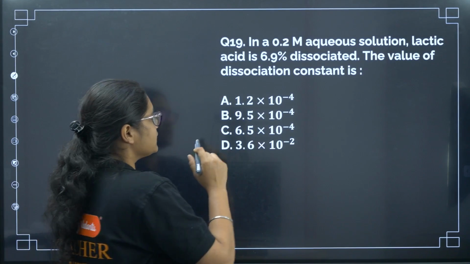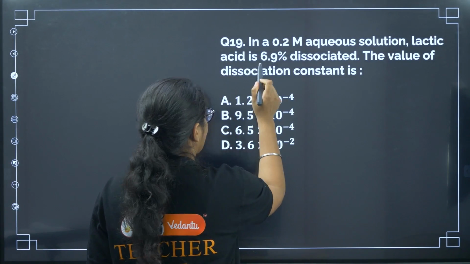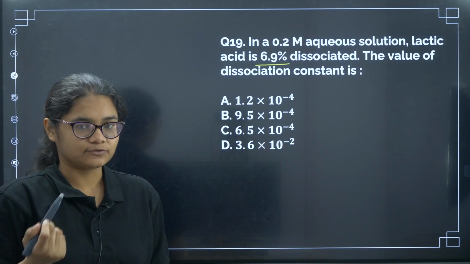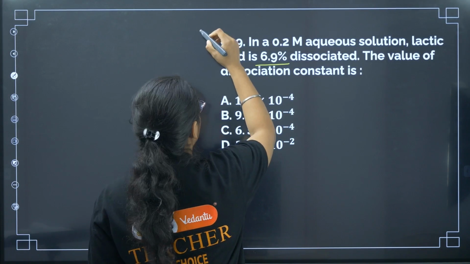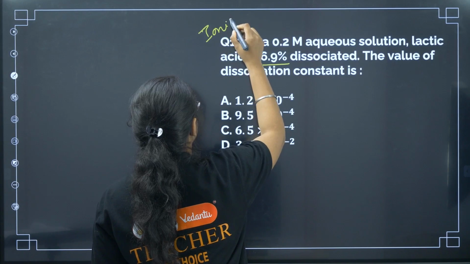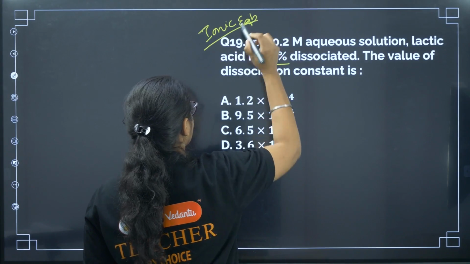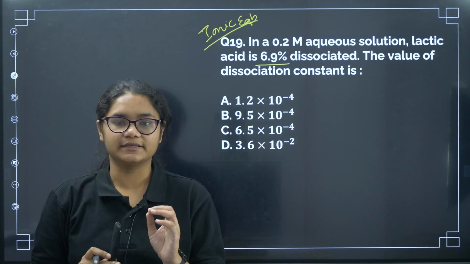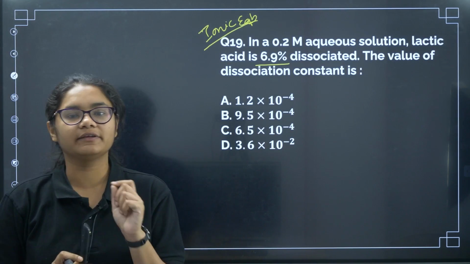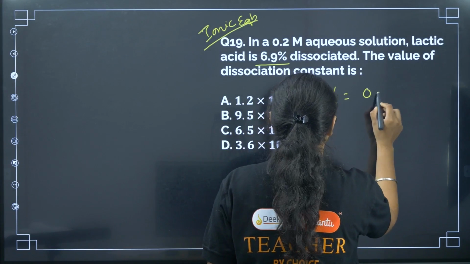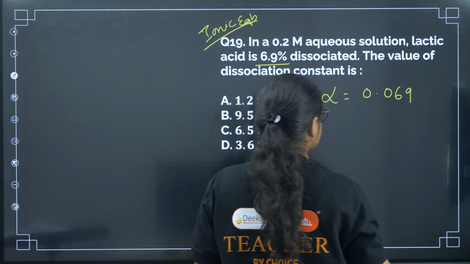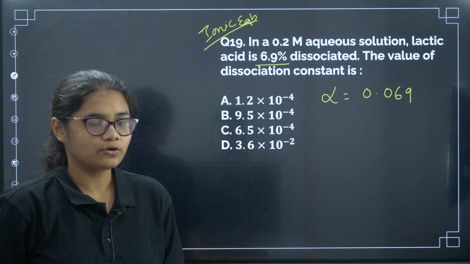Okay, next, in a 0.2 molar aqueous solution, lactic acid is 6.9% dissociated. When this percentage is given, this question is from your ionic equilibrium chapter, right. Whenever the percentage is given, it is the degree of dissociation, which we represent using alpha. So the alpha value is 0.069 and we need the dissociation constant, Ka.